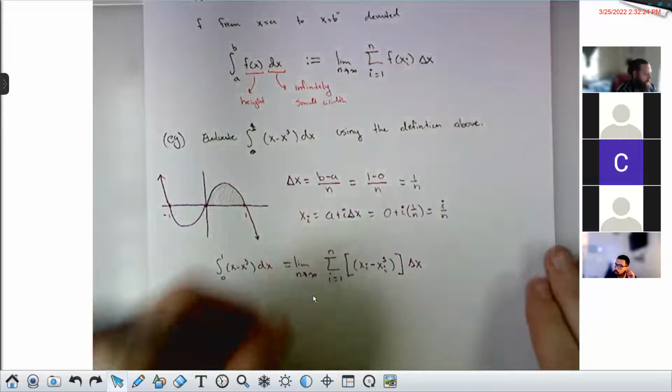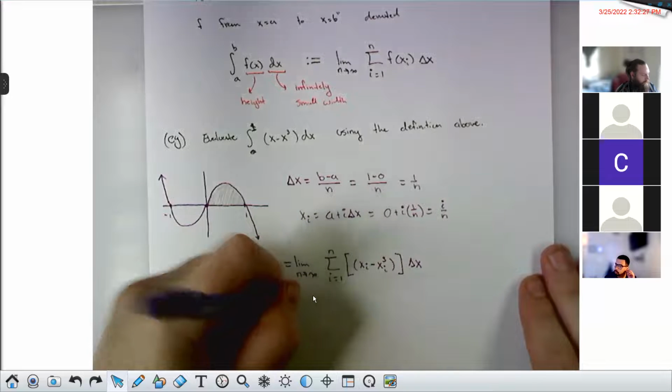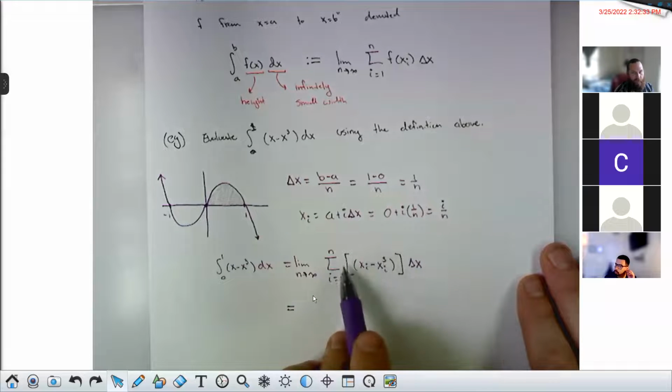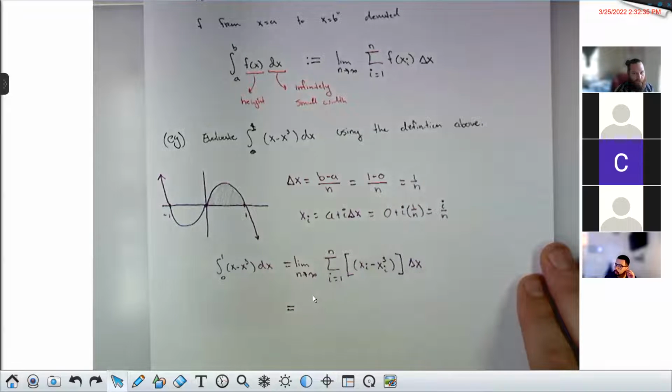And I'm just going to plug in those pieces. Is everybody comfortable with why I'm writing this? This is your f of xi. This is your delta x. And you see the analogy, right? Just like shape-wise, this thing kind of looks similar to this thing.